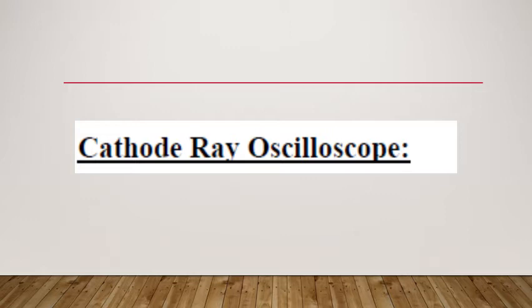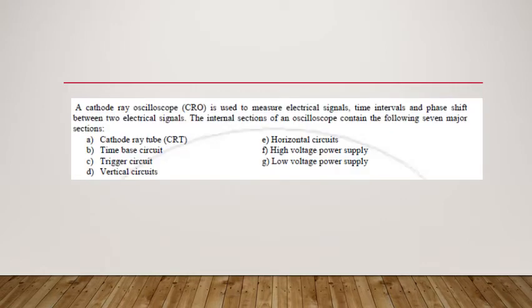CRO is very useful from an engineering point of view. Cathode ray oscilloscope, or in short CRO, is used to measure electrical signals, time interval, and phase shift between electrical signals.